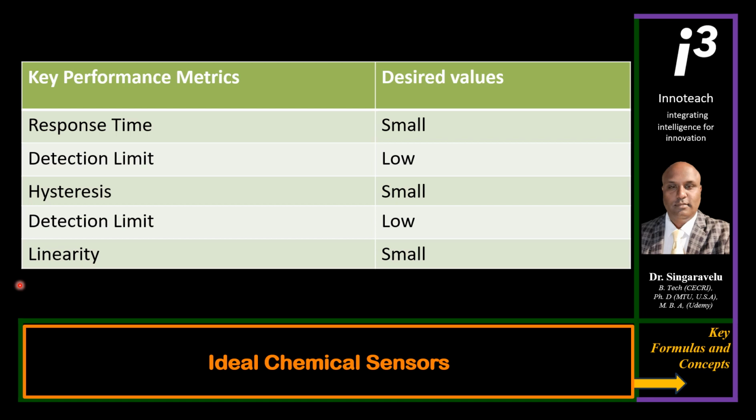So for an ideal chemical sensor, what are all the desired values? For the response time, you would like a very small value, and a low or smaller value for the detection limit, and a smaller value for the hysteresis, and a smaller deviation from linearity.